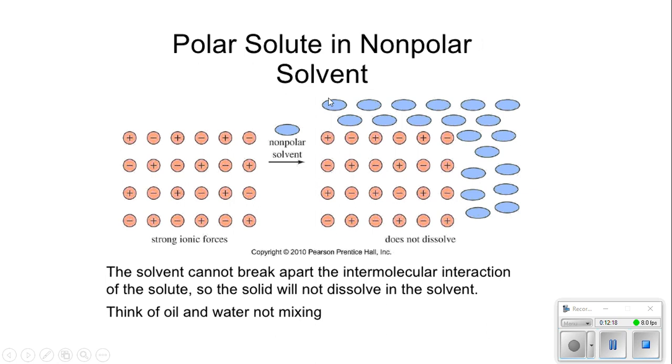Okay, so now if we have a polar solute, or an ionic solute, like a salt like NaCl, and you put that into a non-polar solvent like CCl4, within the solute, you have attractive forces. So these are electrostatic, in this picture, positive ion, negative ion attractive forces. Those are strong attractive forces. In the nonpolar solvent, all you have is London dispersion forces.